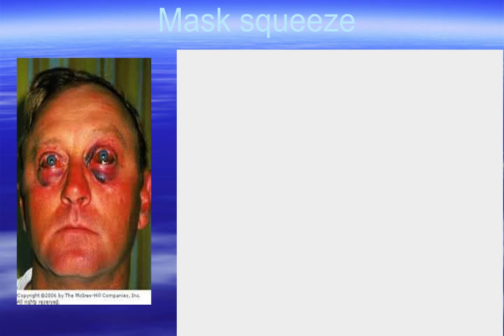Okay, so the mask squeeze injury is going to be when a diver forgets to exhale. So the diver doesn't exhale through the nose.